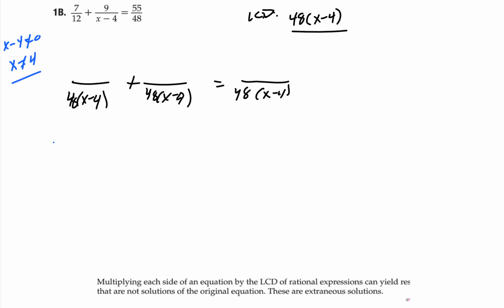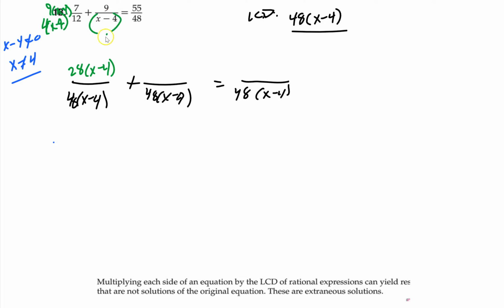Right? And then we have to look at what I need to multiply so I could get that as my base. In this case, you're missing x minus 4 and you're missing 4. How do you get 12 to 48? You times it by 4. But you're also missing the x minus 4. So 4 times x minus 4, that's going to give me 28 times x minus 4. Right? 4 times 7 is 28. The middle one, you're just missing the 48.